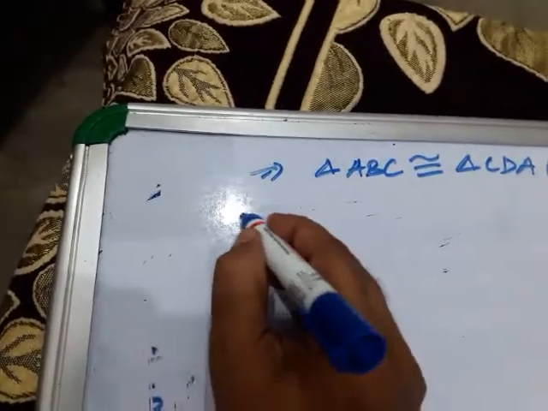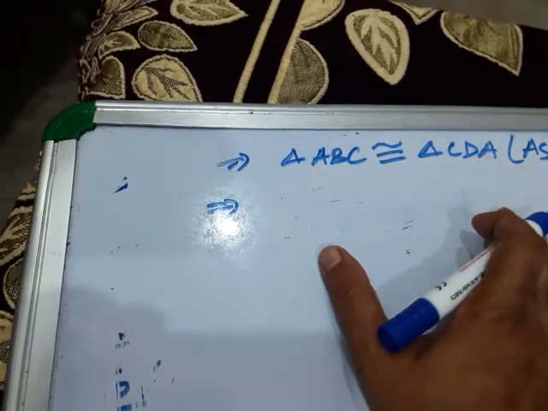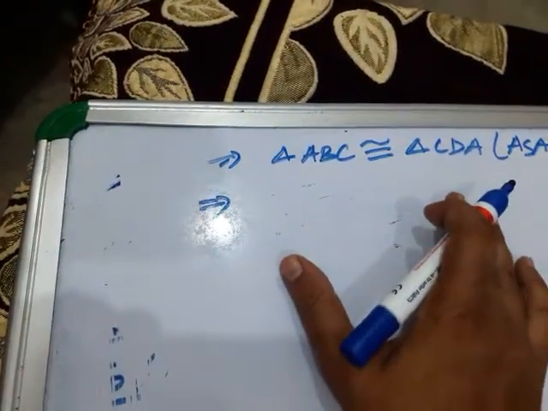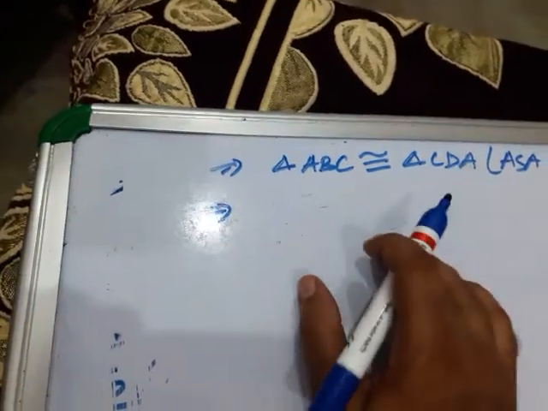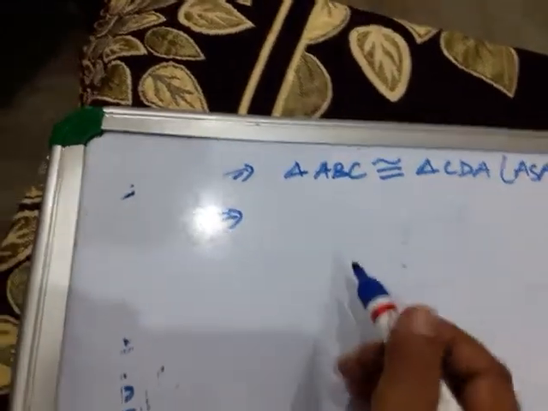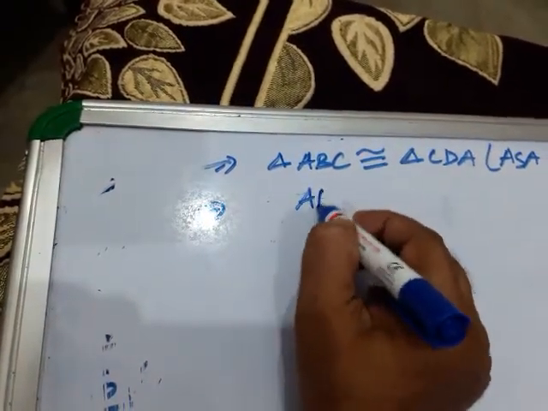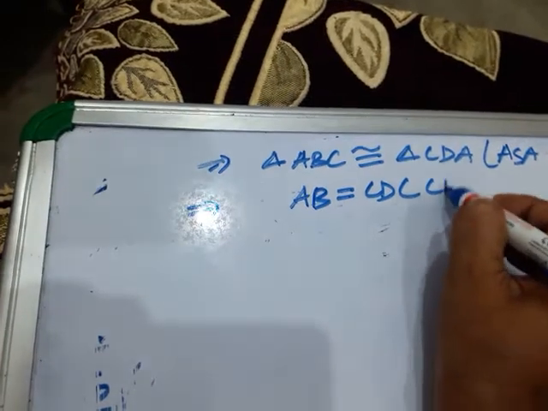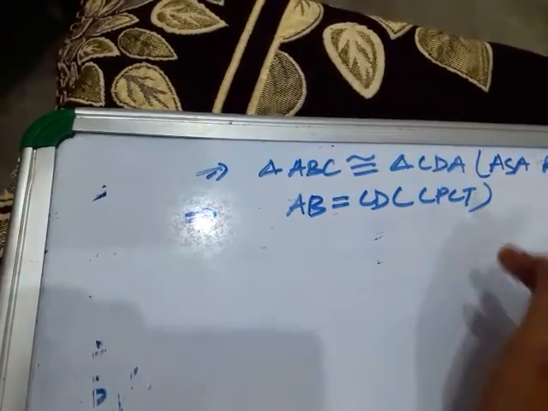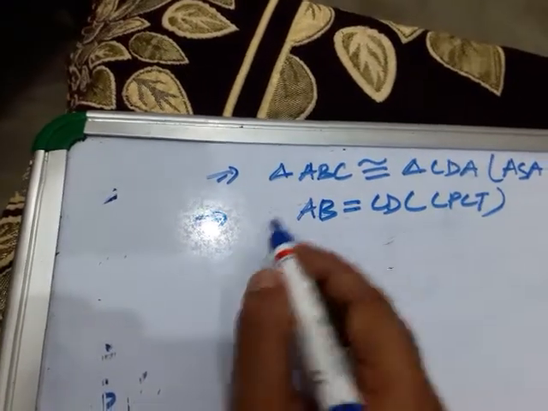Now once two triangles are congruent, we can show the corresponding parts of congruent triangles are equal. That is, AB equal to CD, by CPCT. CPCT stands for corresponding parts of congruent triangles.